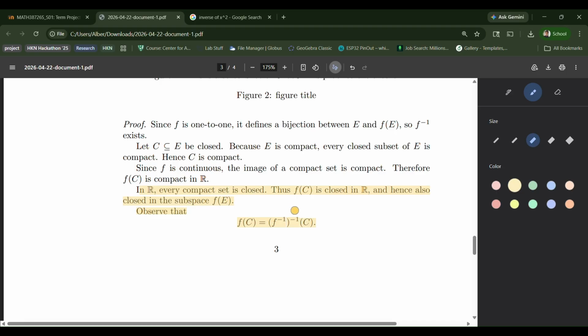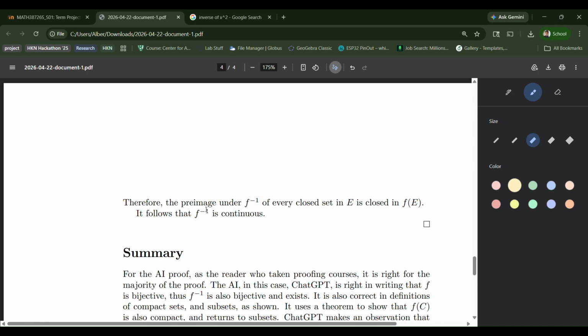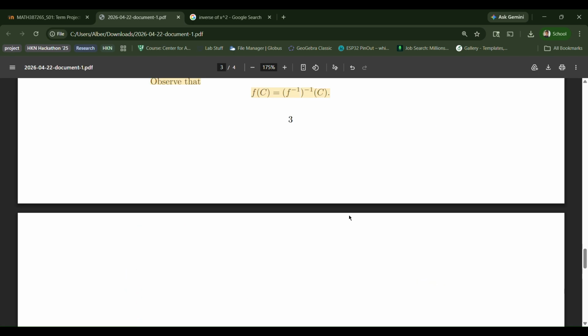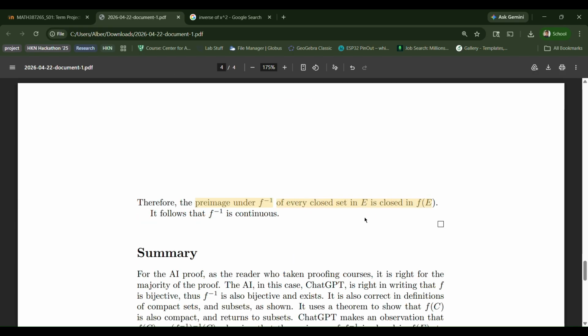Every compact set is closed, right? So we have this, which is what I had before, and then it jumps to therefore the pre-image E is closed and F of E, right? So it doesn't exactly tell us why or how it gets there. It just jumps there. So that's where the trust in AI proofs goes bad, because it will assume you know what to do, you know some real analysis, when that might not be the case, right?